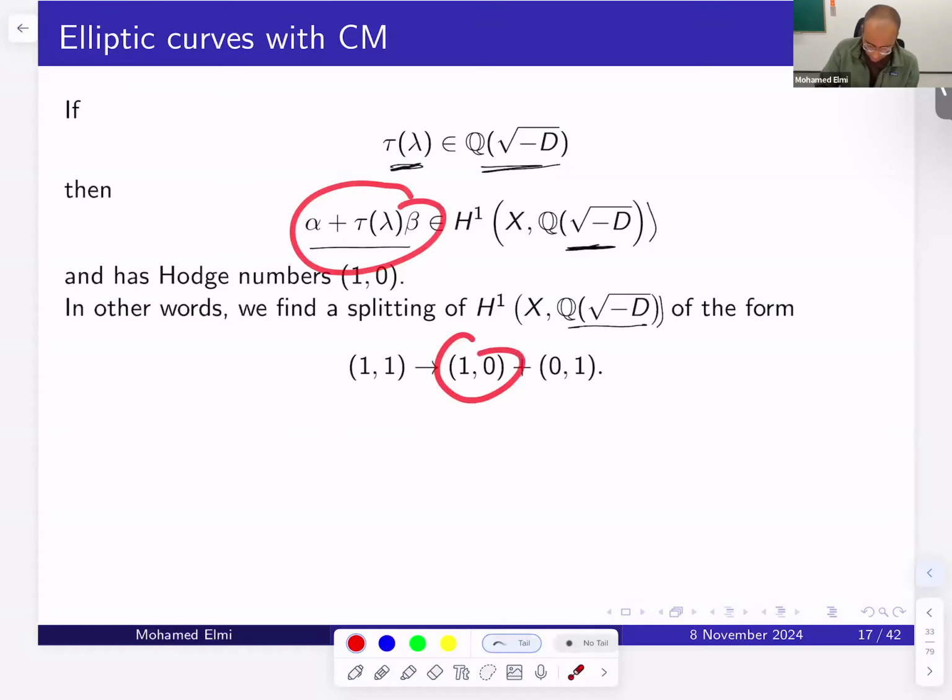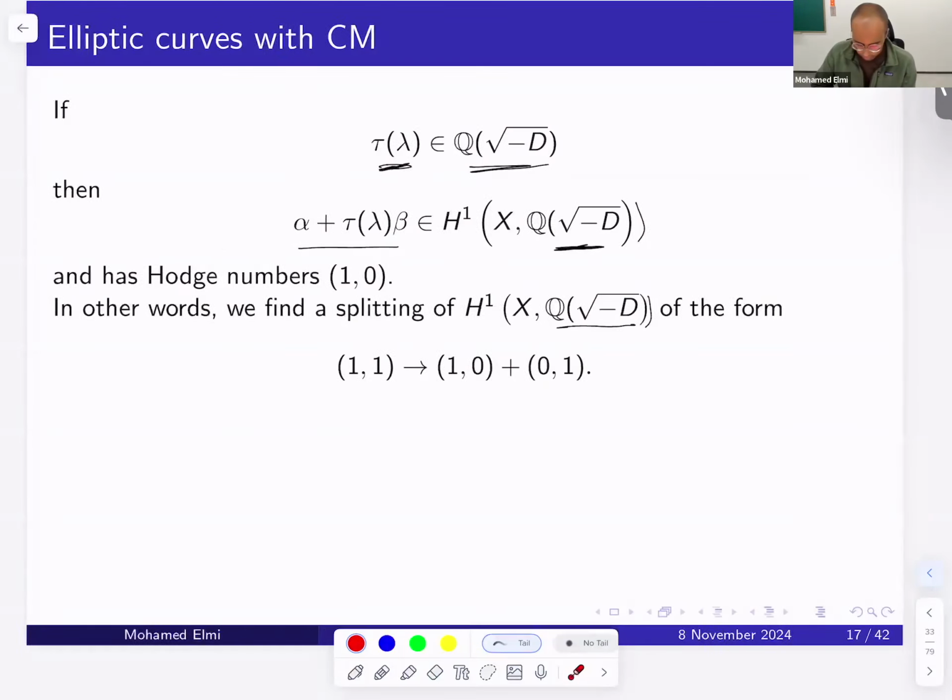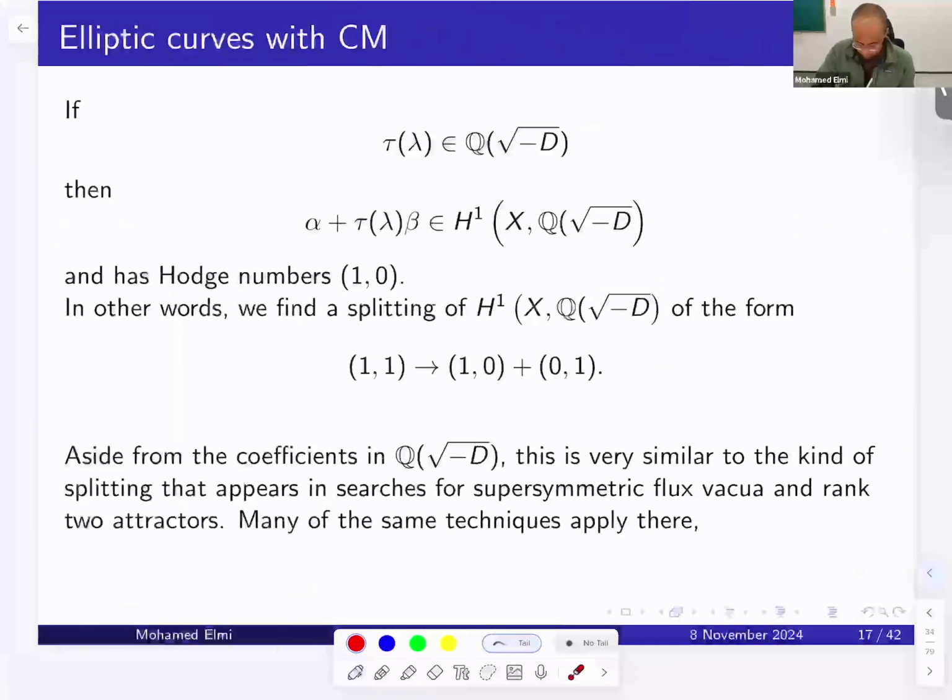This spans this part, and its complex conjugate will span this part. And so this is a toy example of the kind of problem you would have to study when you're searching for supersymmetric flux vacua or these rank 2 attractors.